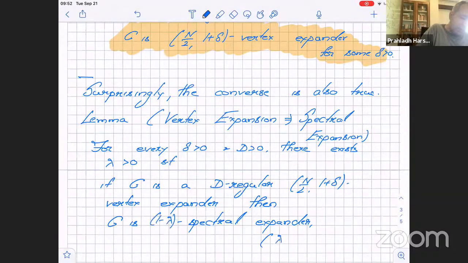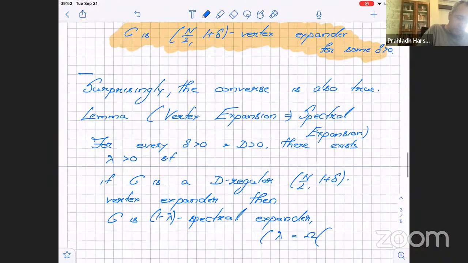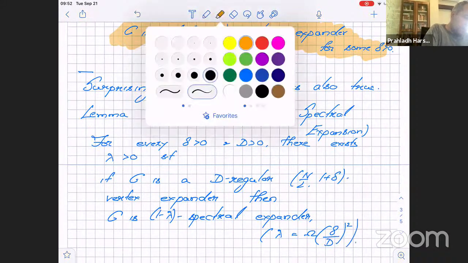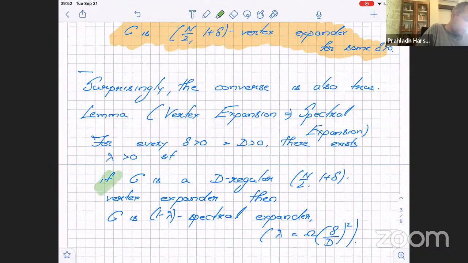And we can take lambda to be something like omega of delta by d square.